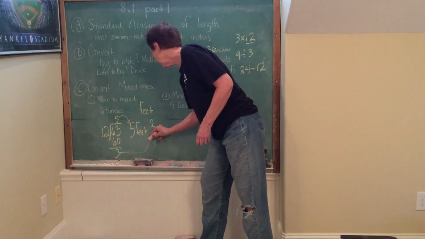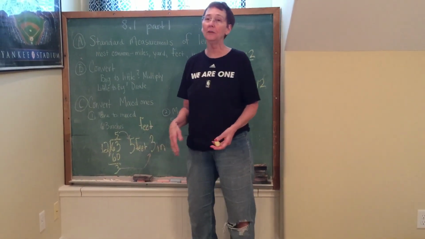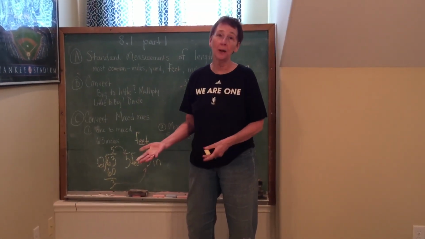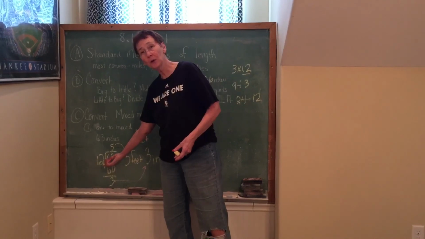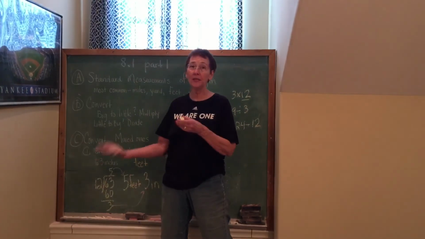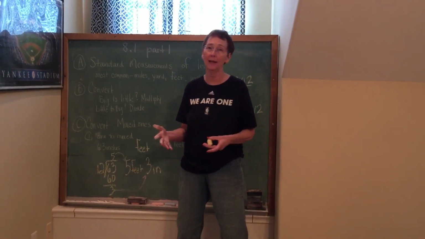Your remainder is the leftover inches, okay? So it's kind of like taking an improper fraction and changing it into a mixed number. You're taking an improper number of inches and you're going to change it into a mixed number with feet and inches, okay? So think of it as the same idea as we did before.